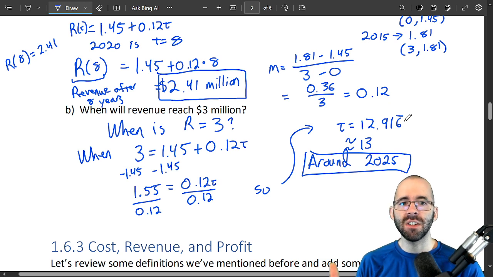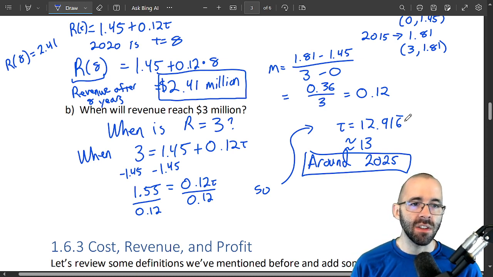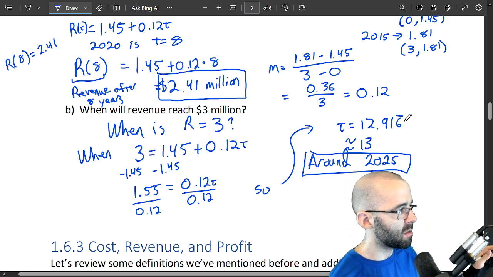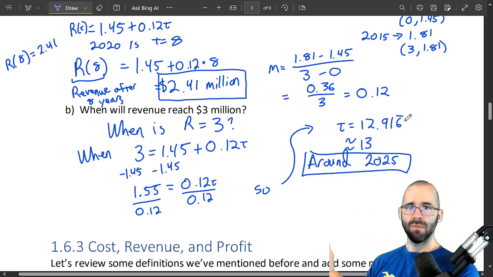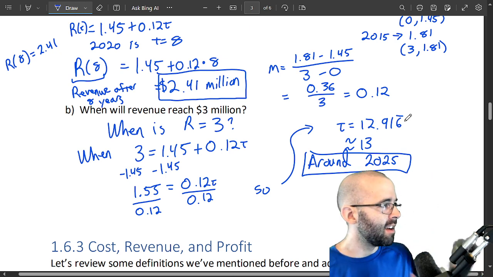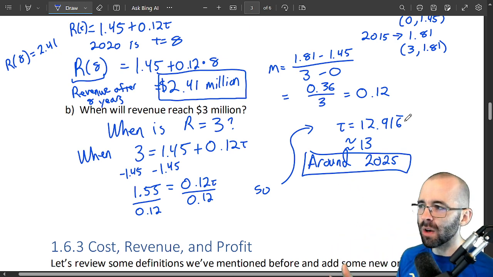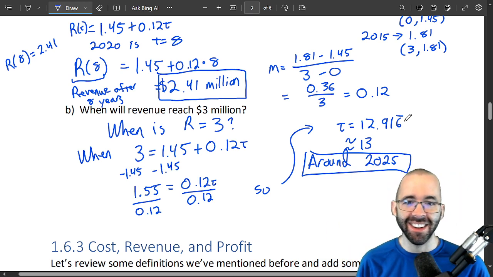As long as your boxed answer is the direct answer to the question that was asked, it makes sense. So if we just boxed 13, that wouldn't make any sense. When's the revenue going to be $3 million, Bob? 13. That doesn't make sense. But when is the revenue going to be $3 million, Bob? Around 2025. That makes sense, okay?